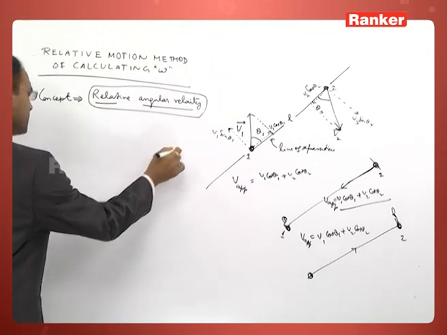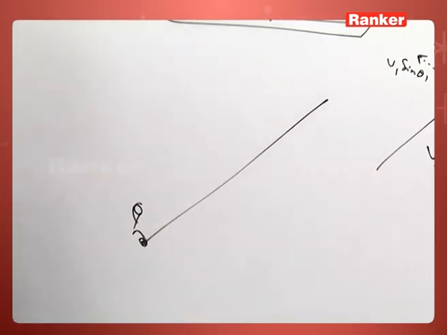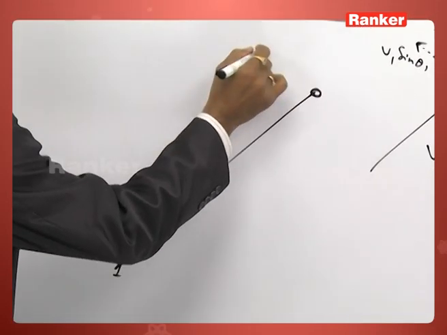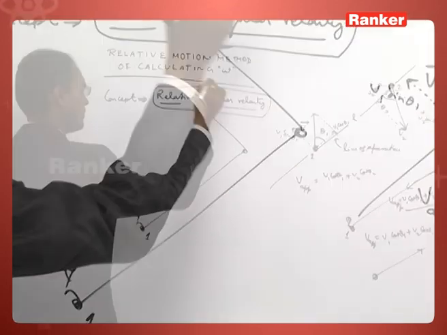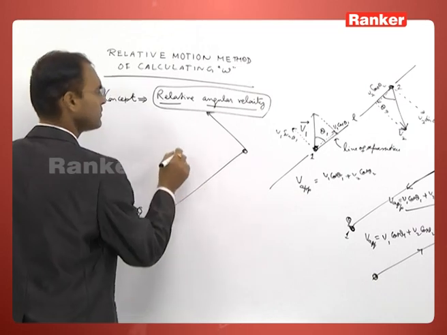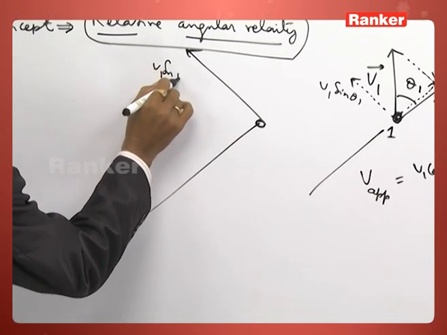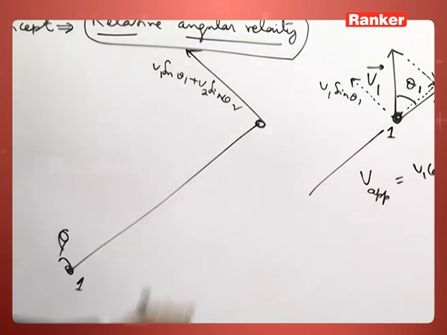Let us analyze it physically. You stand on this particle 1, this particle seems to turn around you with a velocity V1 sin theta 1 plus V2 sin theta 2 in this sense.